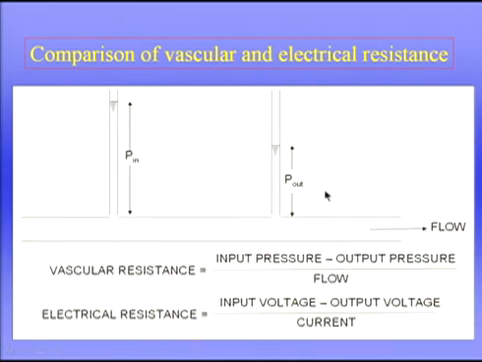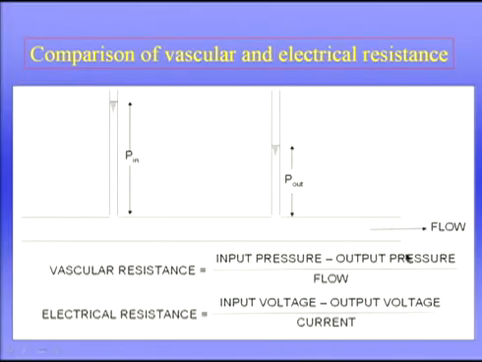Now we're going to move to vascular resistance. Pulmonary vascular resistance is a very important topic. We see it's important for many reasons, not just for pure physiological reasons, but because many patients with heart and lung disease have increased pulmonary vascular resistance, so we need to be clear about that. And first of all, what do we mean by resistance? Well, it's defined as the input pressure minus the output pressure divided by the flow.